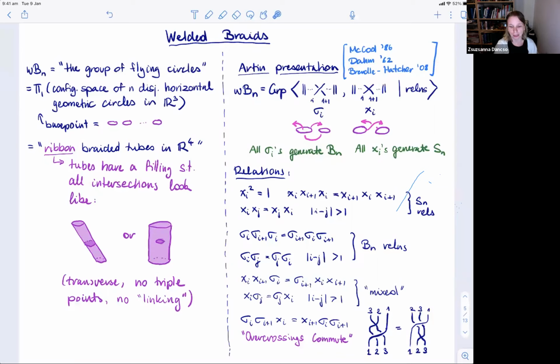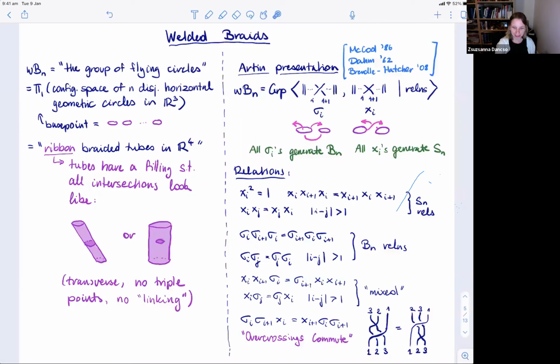So the generators for the welded braid group, there are two kinds of generators. One is similar looking to the generator for the ordinary braid group, and the other is these virtual braid crossings. And then that's up to some braid relations.